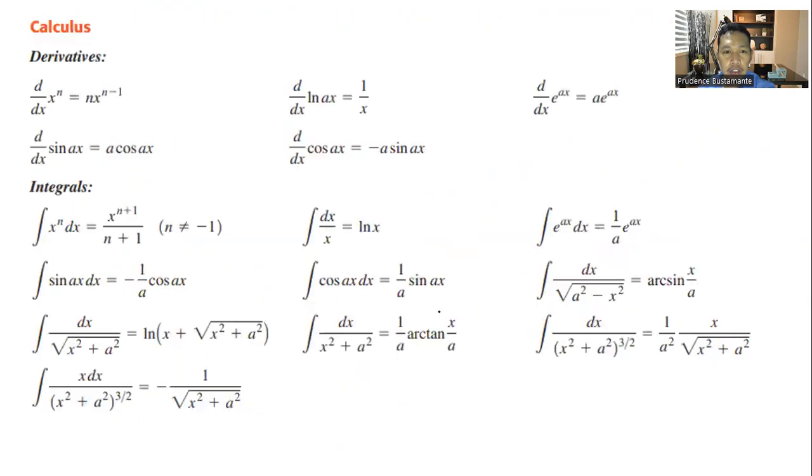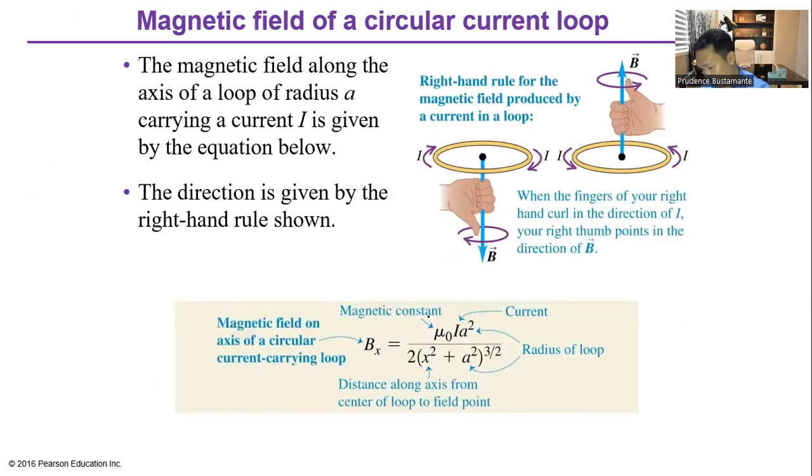So what else are we missing? We also have the magnetic field of a coil.